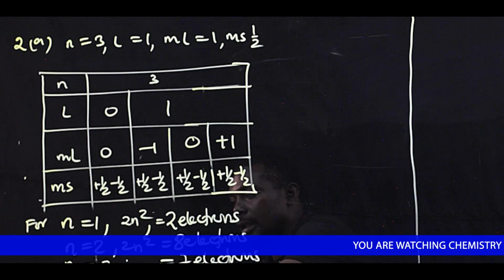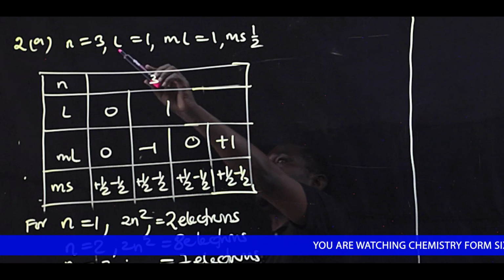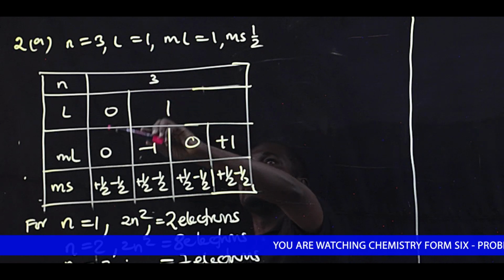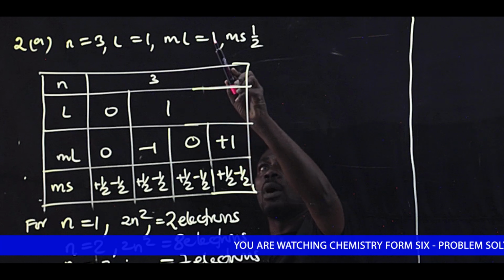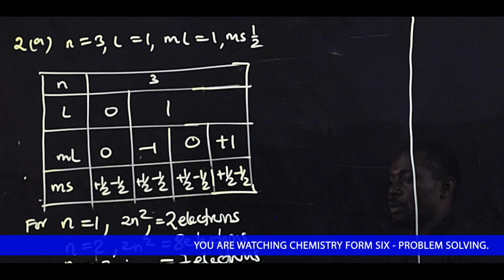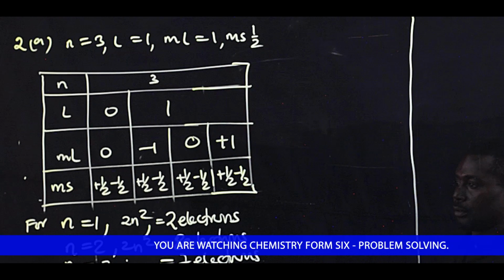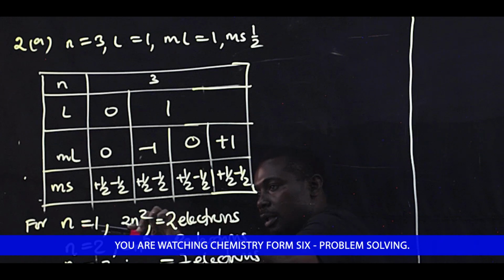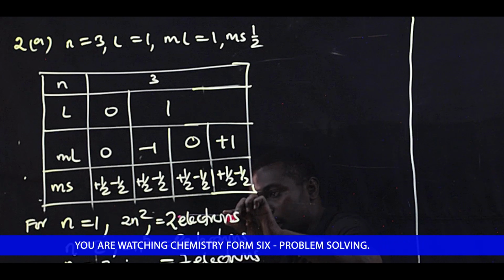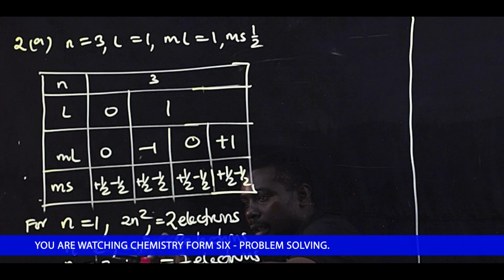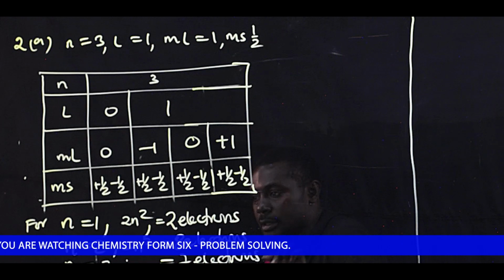And for the third shell, the electron is filled in l is equal to 1, ml is 1, and ms positive half.